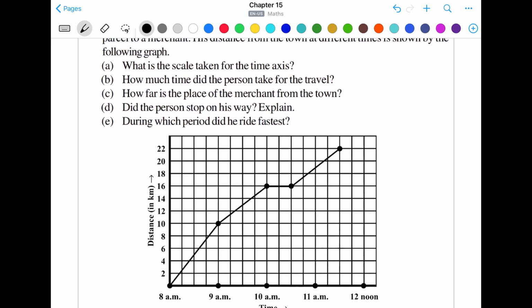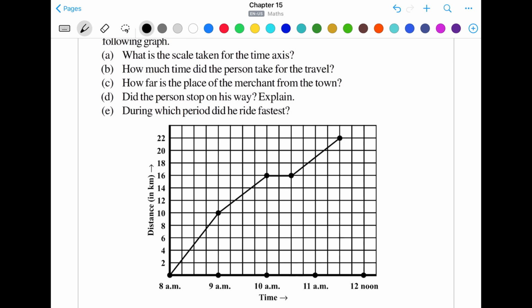So what is the scale taken for the time axis? So time is taken on this axis, which is x, okay, and this is y. So first question is, what was the scale chosen? The scale that we have chosen, we are representing 1, 2, 3, 4 boxes as 1 hour.